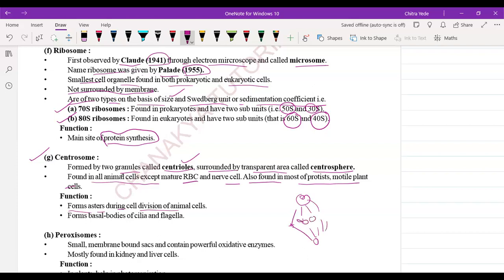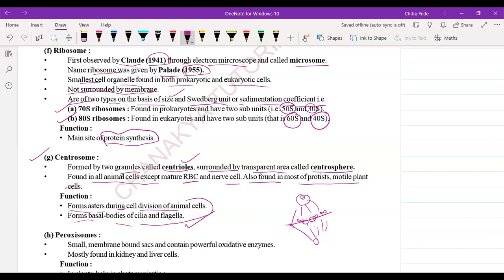They help to split the chromosomes. They form the basal bodies of the cilia or flagella. Cilia or flagella are present on the outer side of the cell, and they help in locomotion of the unicellular organism.